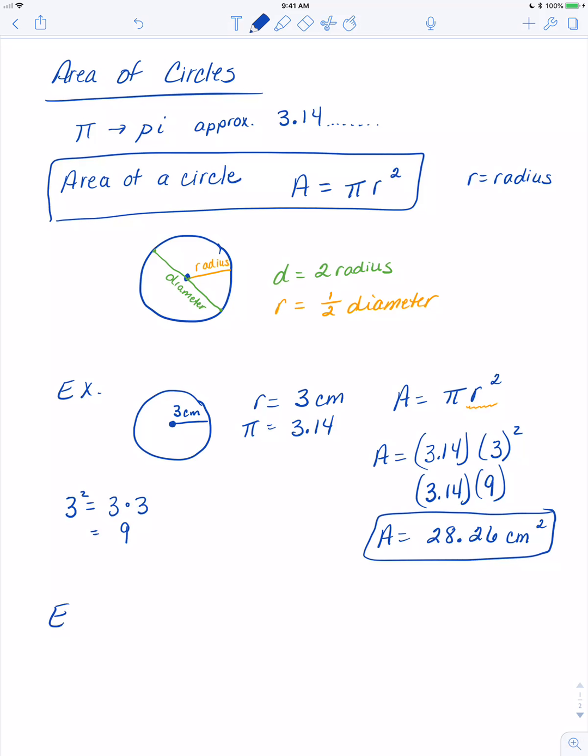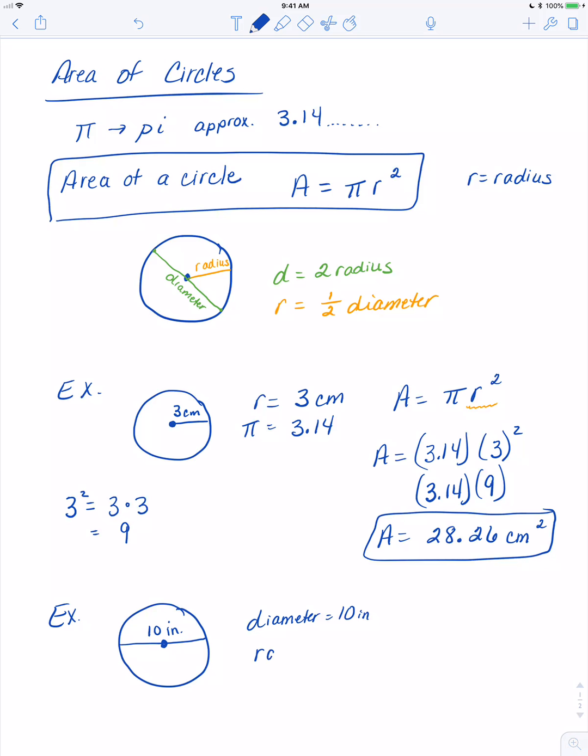All right, here's another example. If we are given 10 inches, take a look at that. That is all the way across. So they are giving us the diameter is 10 inches.